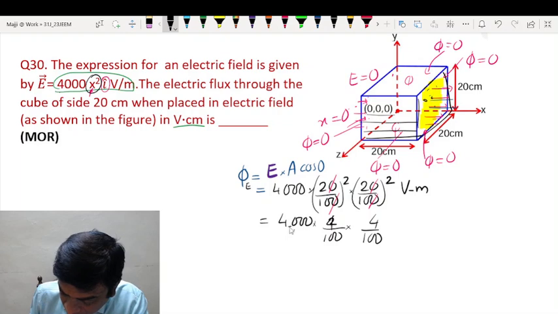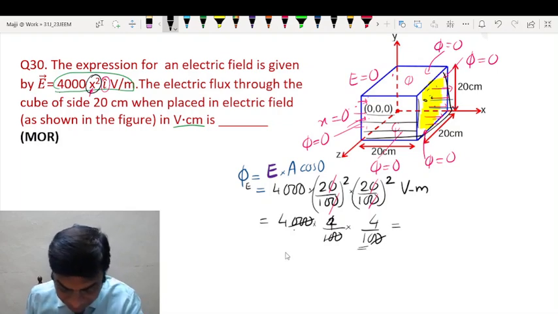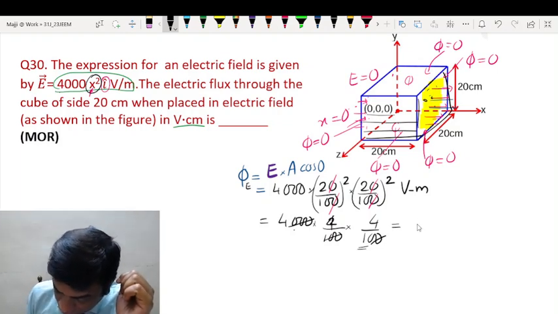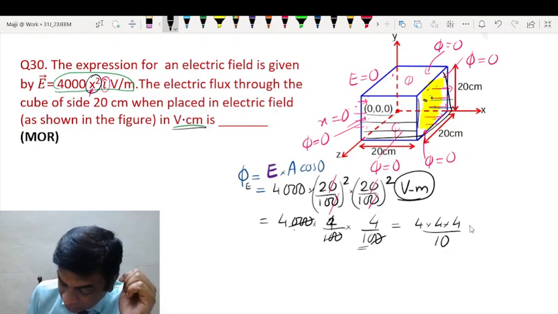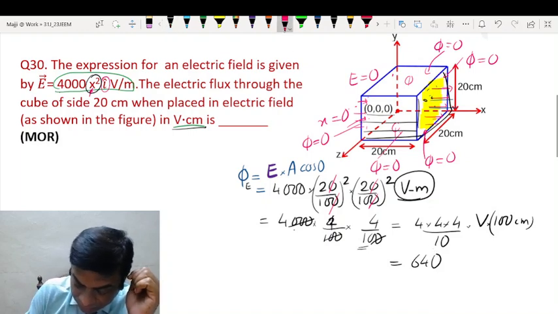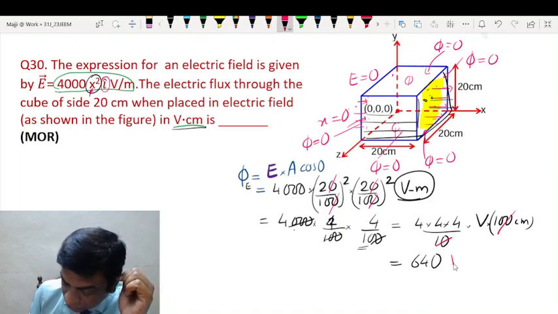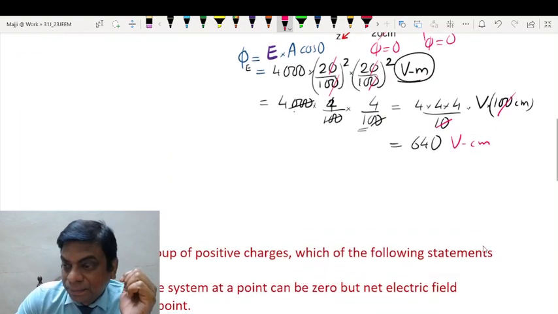So 3 zeros get cancelled. We are left with 10 here. So we have 4 into 4 into 4 by 10 volt meter, but we have to find the answer in volt centimeter. So volt meter should be converted into volt centimeter. So we have 640 volt cm as the answer.